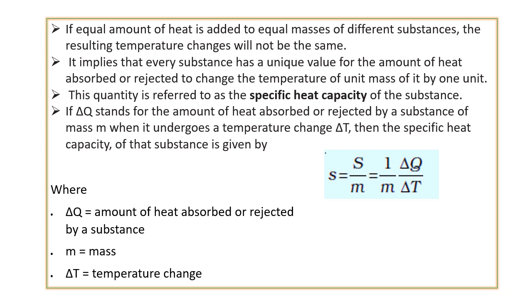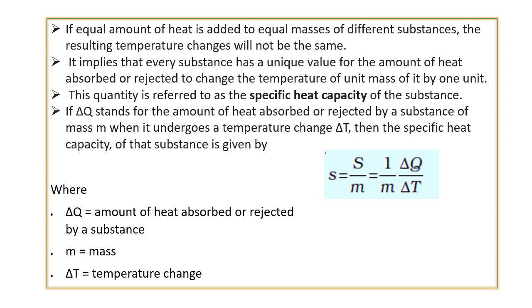If delta Q amount of heat is absorbed or rejected by a substance of mass m when it undergoes a temperature change of delta T, then the specific heat capacity, denoted by small s, will be capital S divided by m.